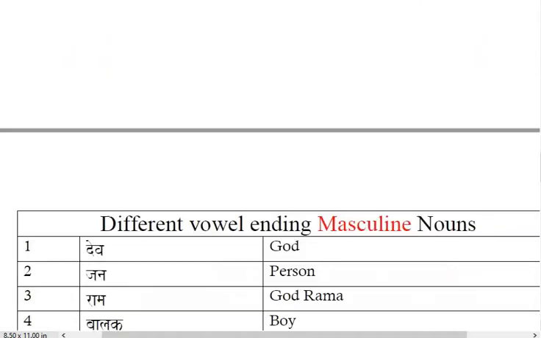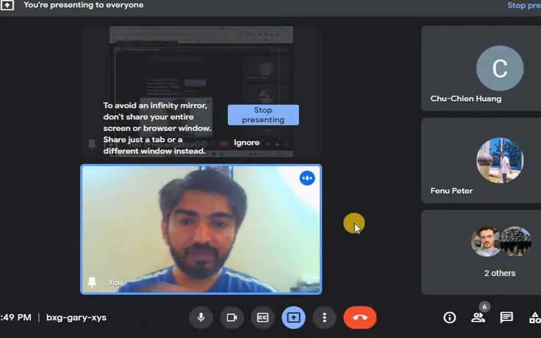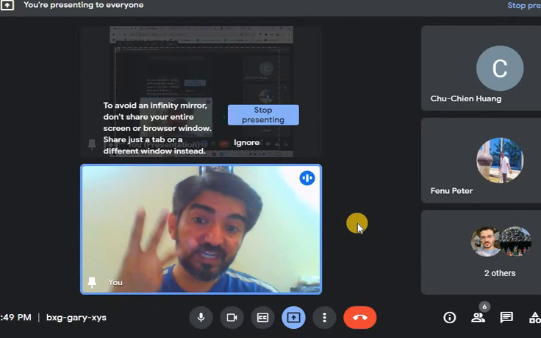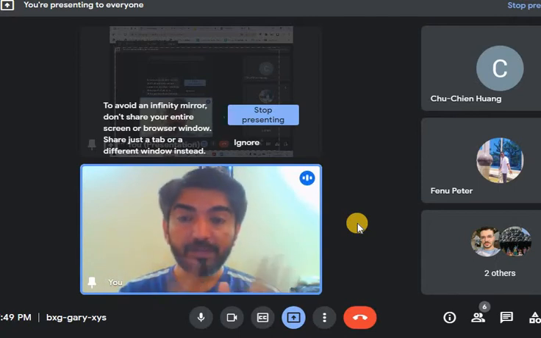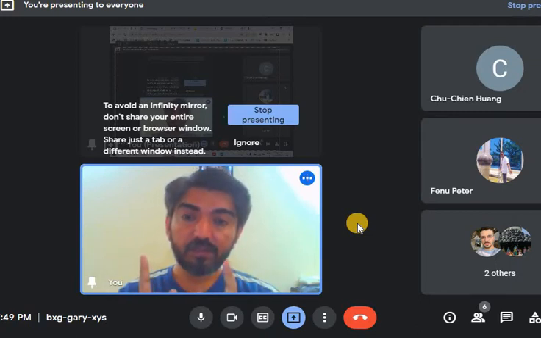Now here you check different vowel-ending masculine nouns. Students, we will differentiate all the nouns into three genders: masculine, feminine and neuter. Masculine is called Pullingaha. Remember this in Sanskrit. Feminine is called Strilingaha.